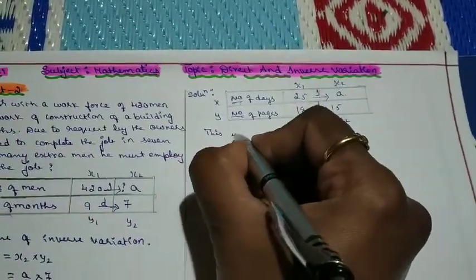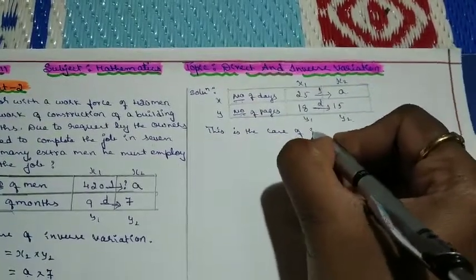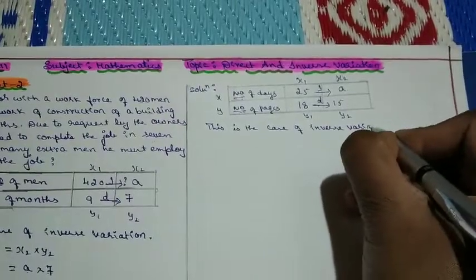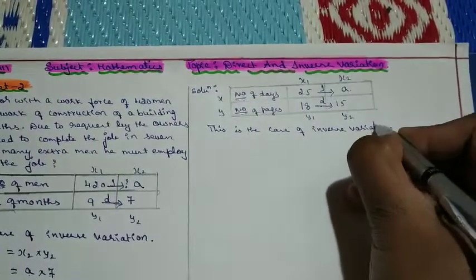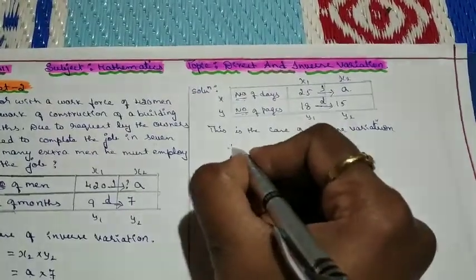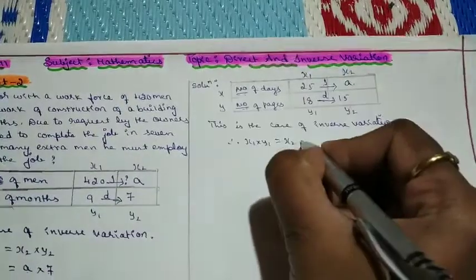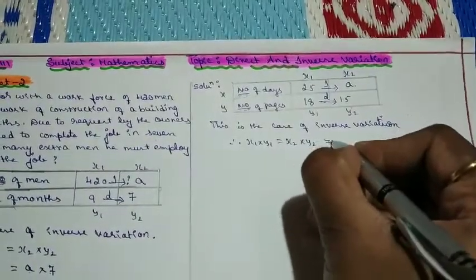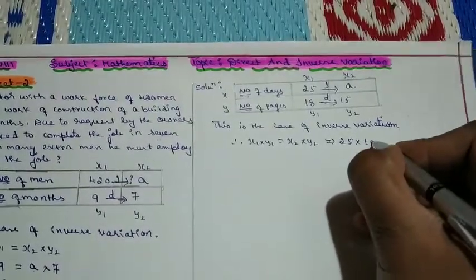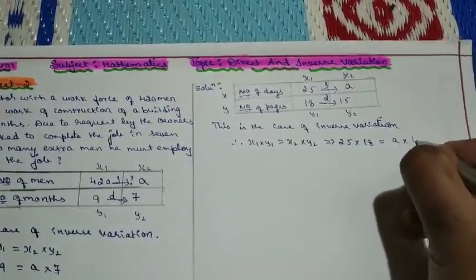This is the case of inverse variation. Therefore, x1 into y1 equals x2 into y2, which implies x1 is 25 into y1 is 18 equals x2 is a and y2 is 15.